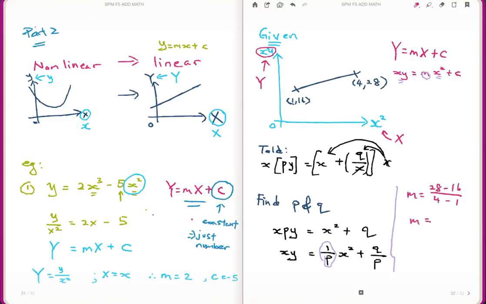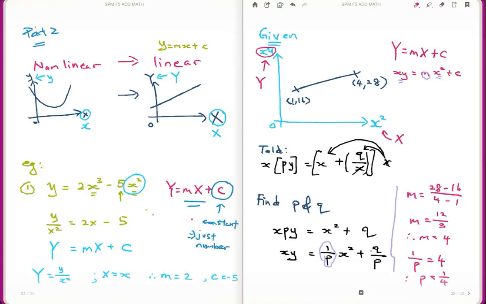So therefore my m is equals to 4. If I know my m is 4, therefore 1 over p is equals to 4. Therefore my p is equals to 1 quarter. I hope you will be able to find out what your q is.